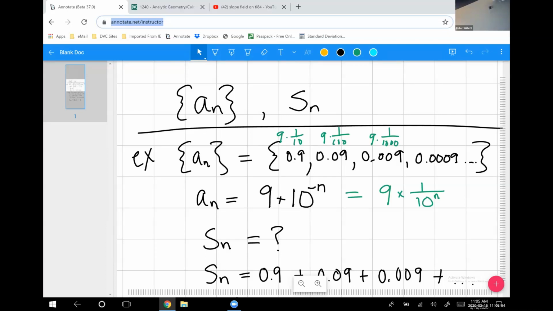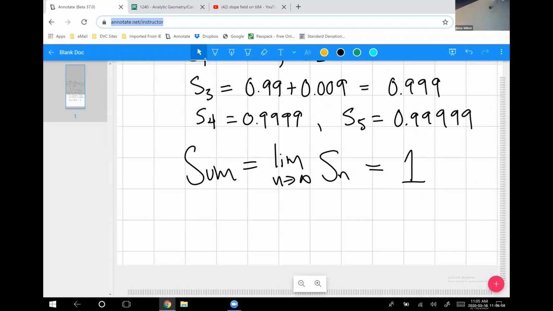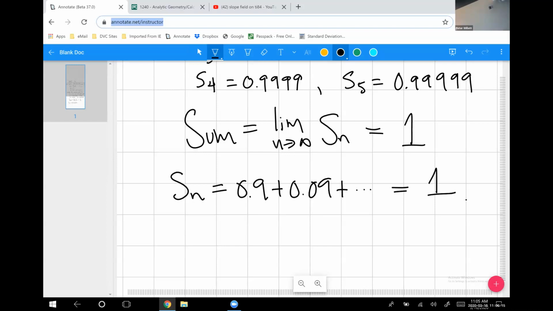So we can literally imagine this infinite series as being 0.9 plus 0.09, and I'm not going to write it all again, and that this actually just equaled 1. Questions, comments, discussion so far before we look at another example?